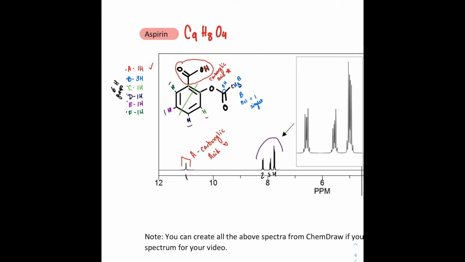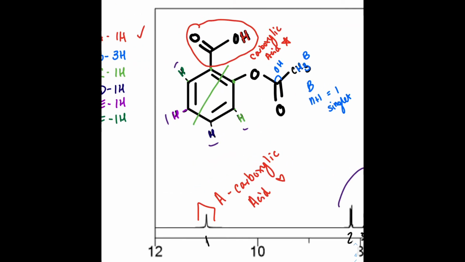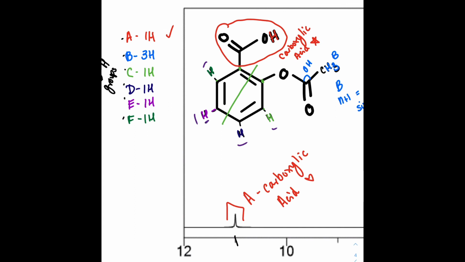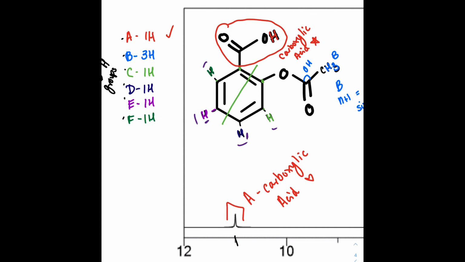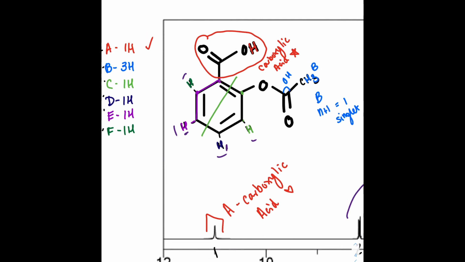So we're going to do some deep thinking right here, and we're going to notice that E and D are both very, very similar. So E is attached to this carbon, and then this carbon, which is attached to a carboxylic acid.